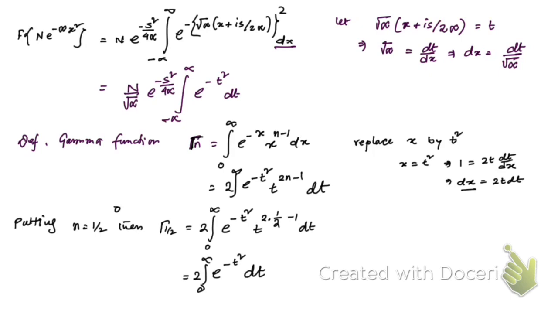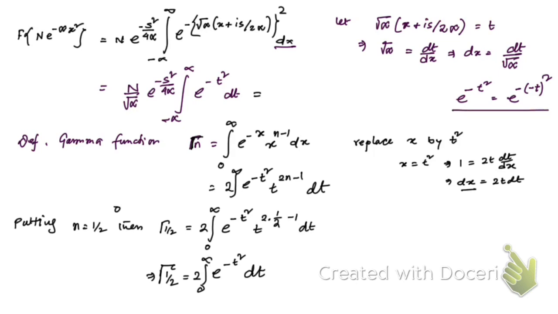Now you see here we have minus infinity to plus infinity, so we can make it. As we have got the gamma function, gamma of half is equal to 2 integration 0 to infinity e to the power minus t square dt. Here you see, e to the power minus t square must be an even function, because e to the power minus t whole square is the same as e to the power minus minus t whole square.